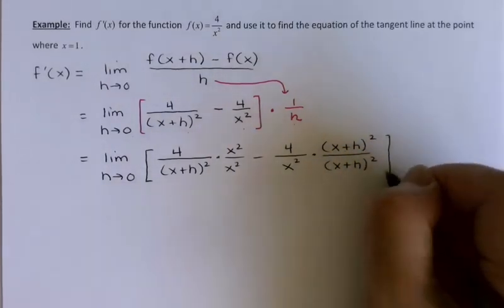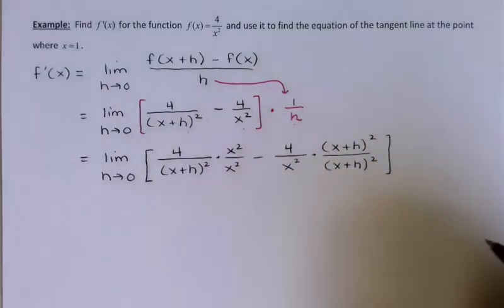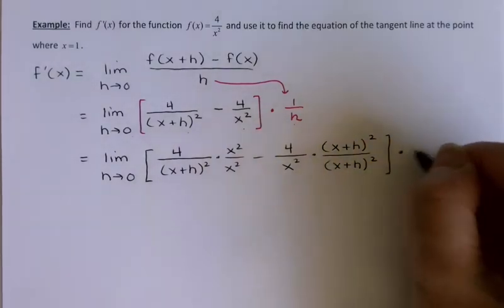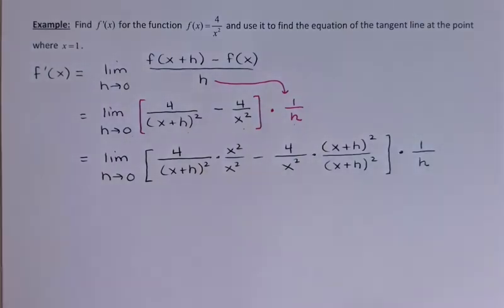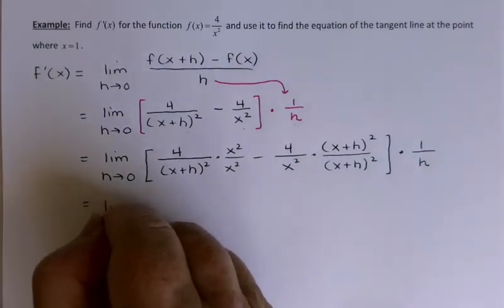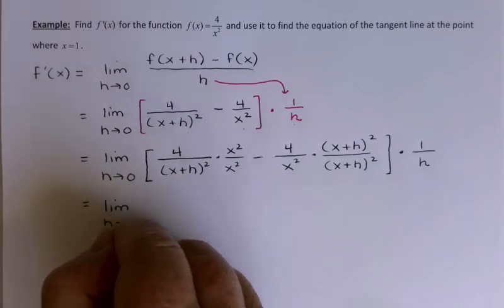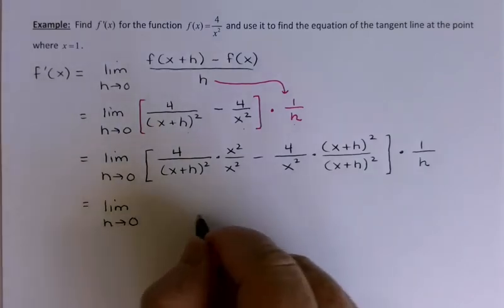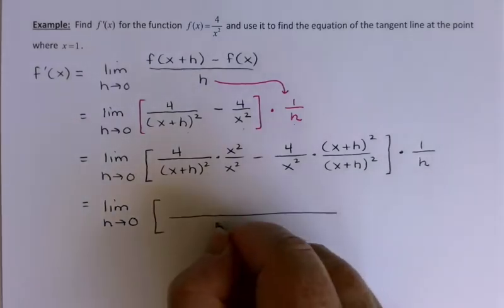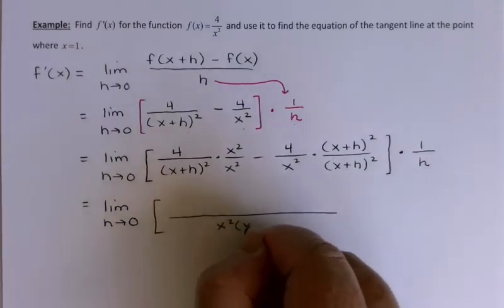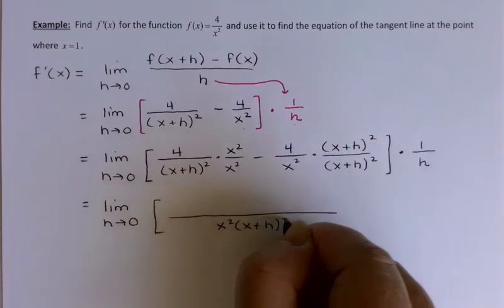Again, we're just multiplying by a form of 1, so it changes the appearance but not the value of my expressions. And there's that times 1 over h. So I can now say this is all going to be one big fraction with the denominator x squared, x plus h squared.